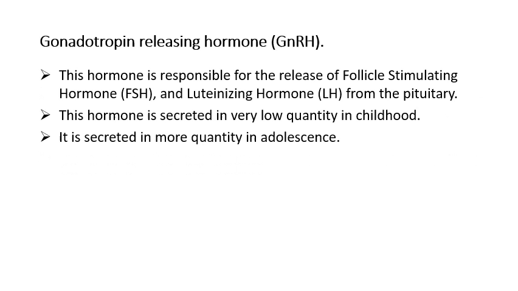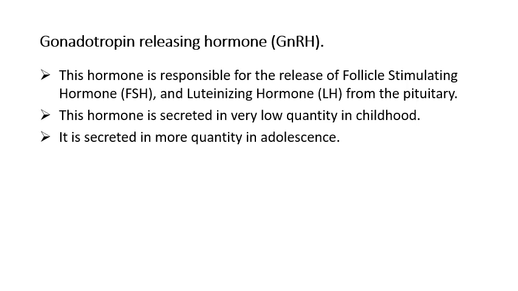So, therefore, any change in the CRH production will affect the functions controlled by the ACTH hormone. Then, gonadotropin releasing hormone, as the name suggests, will control the release of gonadotropic hormones like follicle stimulating hormone FSH and luteinizing hormone LH from the pituitary. So FSH and LH are very important hormones which further control the gonads and the gonadal secretions, I mean the sex hormones.